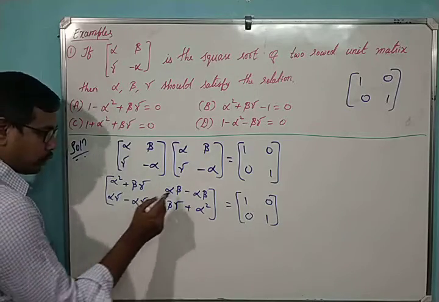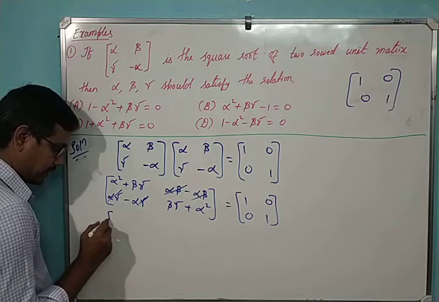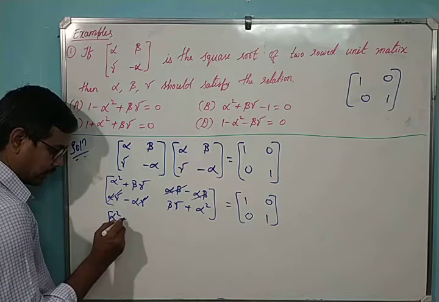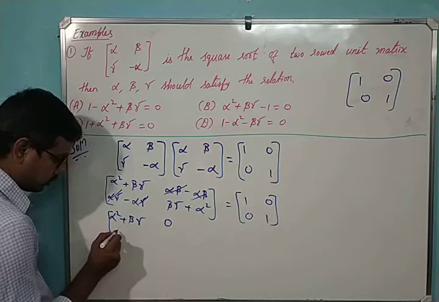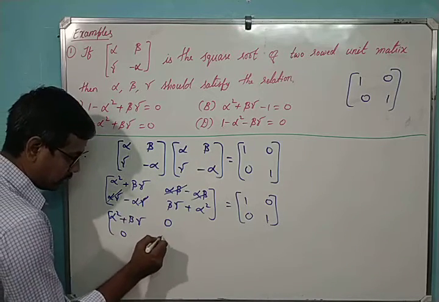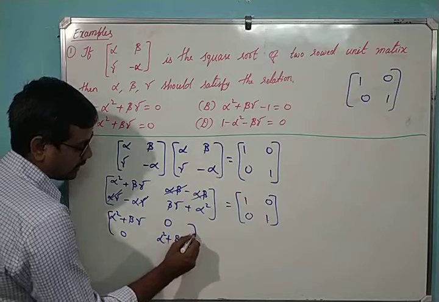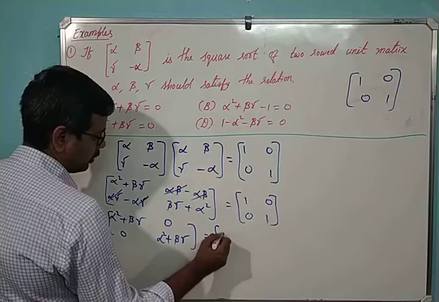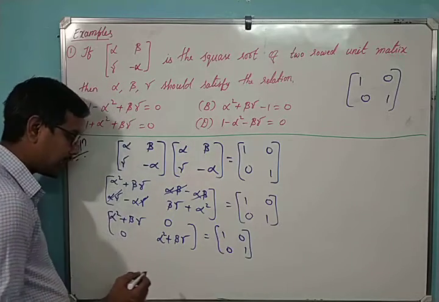Okay, so these things cancel. What remains here is alpha square plus beta gamma, 0, 0, alpha square plus beta gamma, that is equal to 1 0 0 1, right?